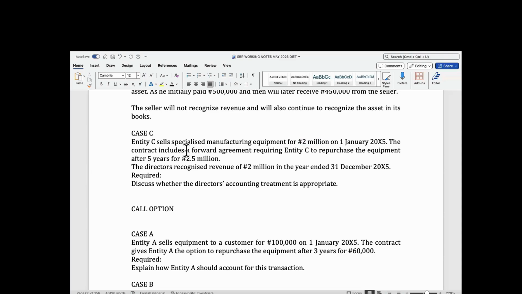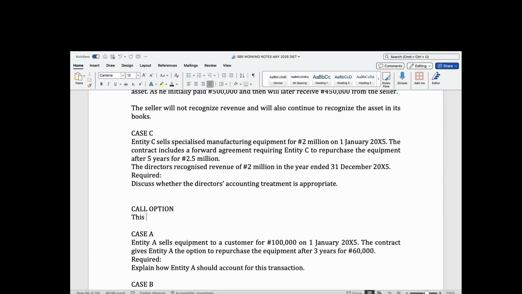There is an interest of 500. The 2.5 is like the repayment of the loan. The amount recognized by the company, by the director, is wrong. You cannot recognize revenues. It's a wrong treatment.